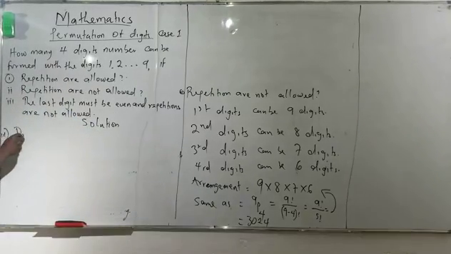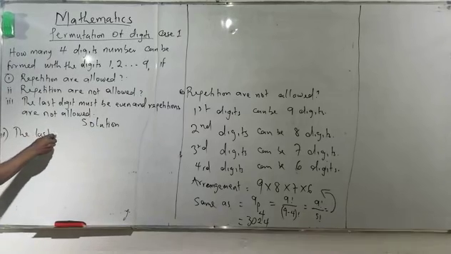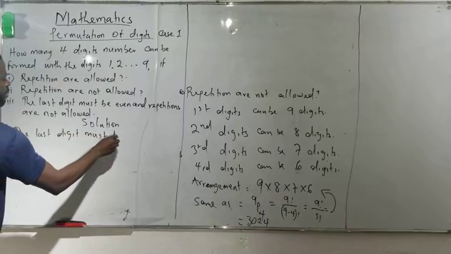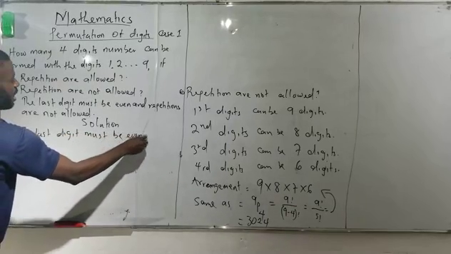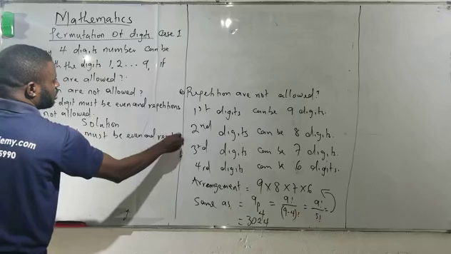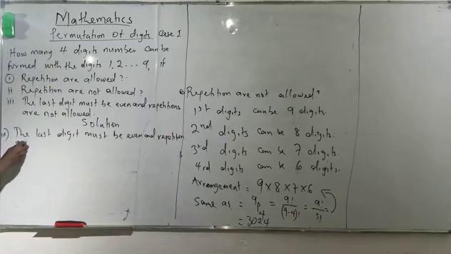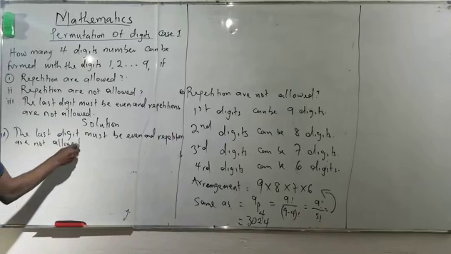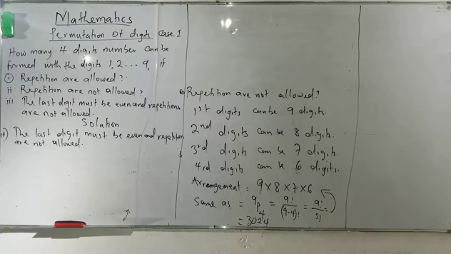The last digit must be even, and repetition is not allowed. It's a very simple problem. Don't forget that repetition is not allowed.